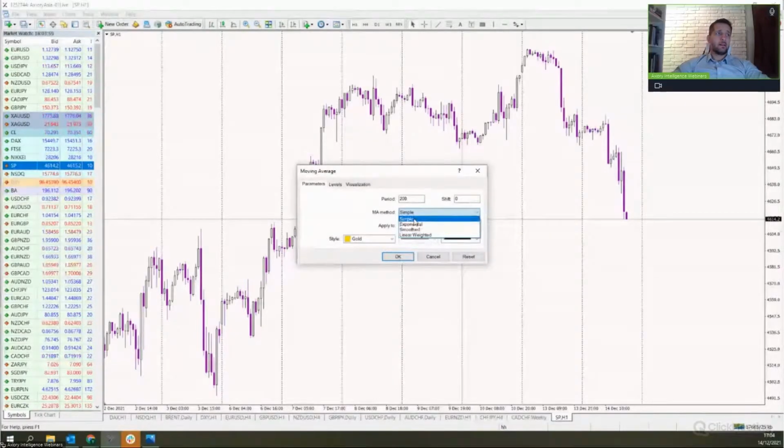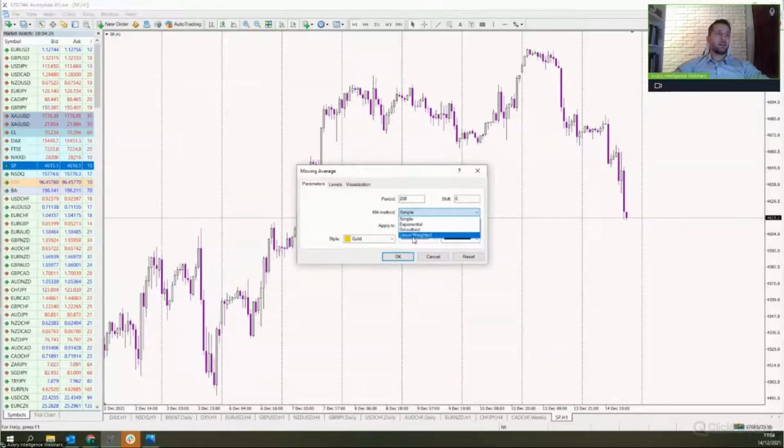Simple, exponential, where the bigger influence is on the last price, and simple, where all the weight is equal for all the periods, but an exponential has the biggest weight on the latest prices.